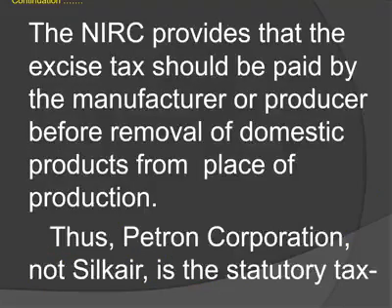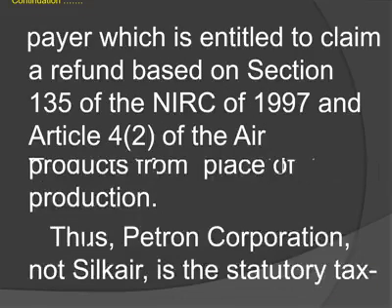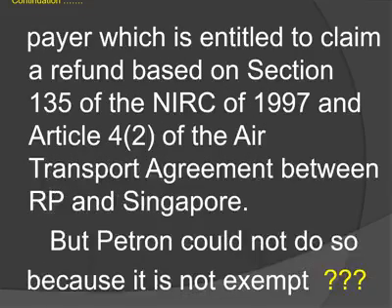The NIRC provides that the excise tax should be paid by the manufacturer or producer before removal of domestic products from place of production. Thus, Petron Corporation, not Silk Air, is the statutory taxpayer which is entitled to claim a refund based on Section 135 of the Transport Agreement between RP and Singapore. But Petron could not do so because it is not exempt.